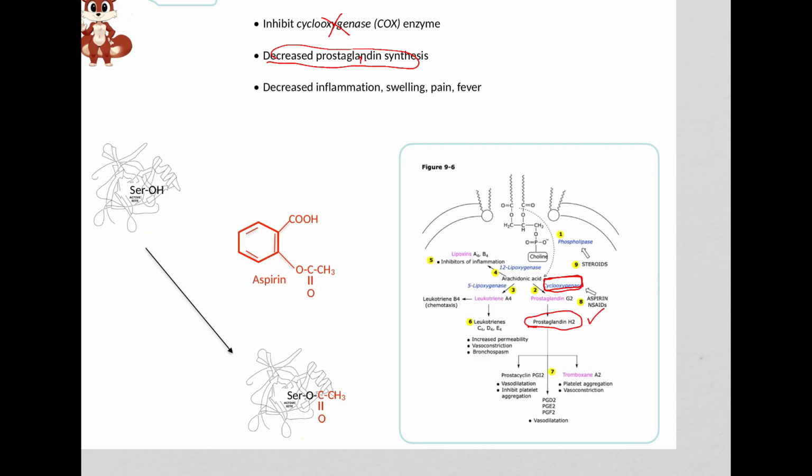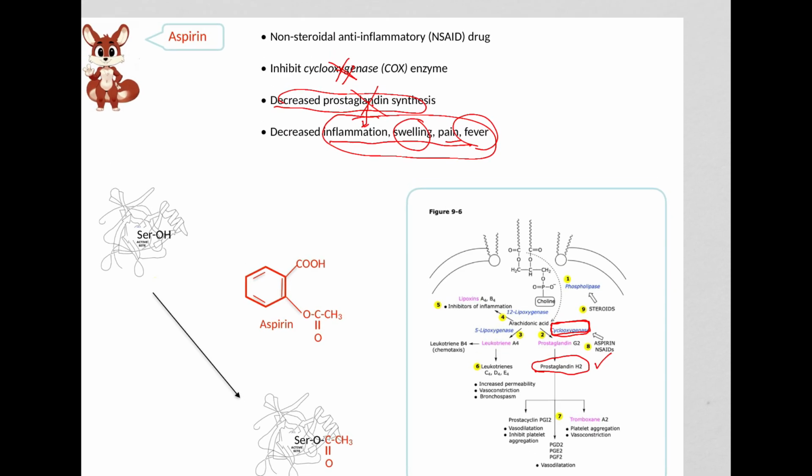And many of these prostaglandins are very important for things like inflammation, swelling, pain, and fever. So by inhibiting this enzyme, we decrease the prostaglandin synthesis, and therefore we can reduce the inflammation or the swelling or the pain or the fever.